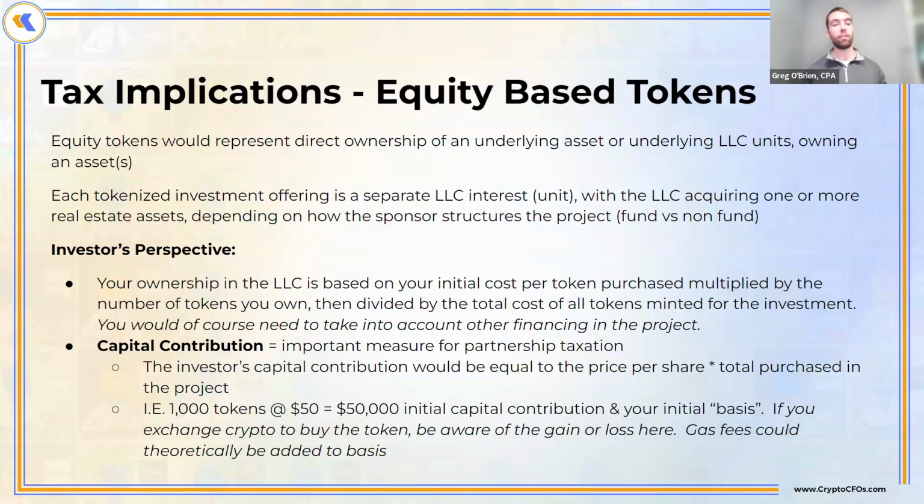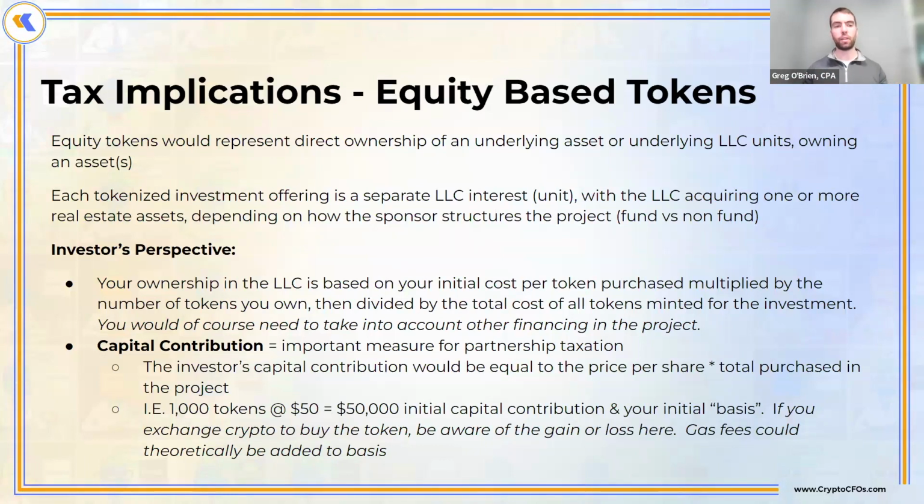Not necessarily. A lot of these guys are using other types of bridge financing. They have multiple streams of equity ownership coming in. There might just be straight investors, right? So be careful of doing the simple math to figure out how much you own, because you might be disappointed. It might be a little bit lower. And we'll talk about how to read the operating agreement in a few moments.